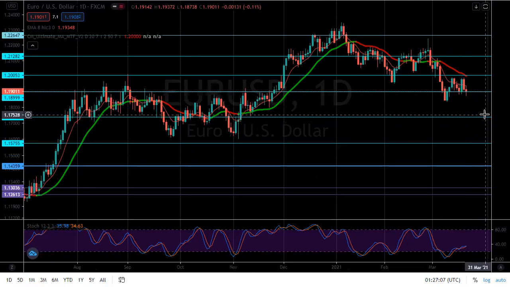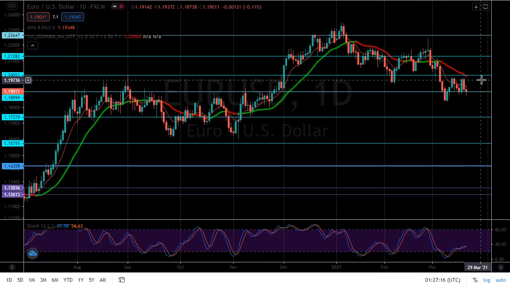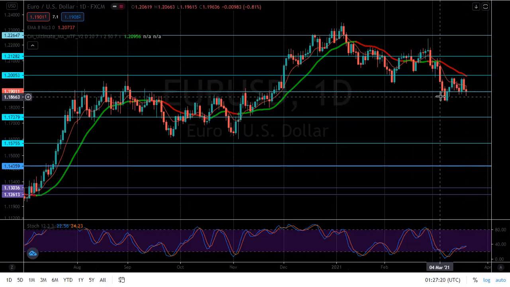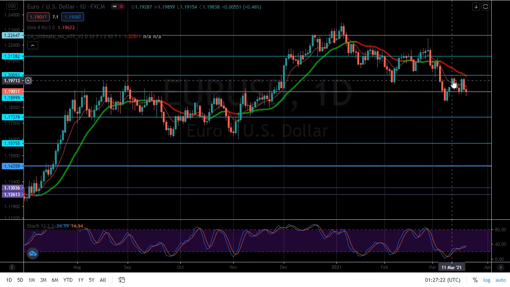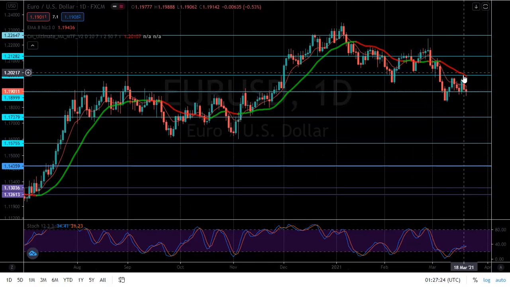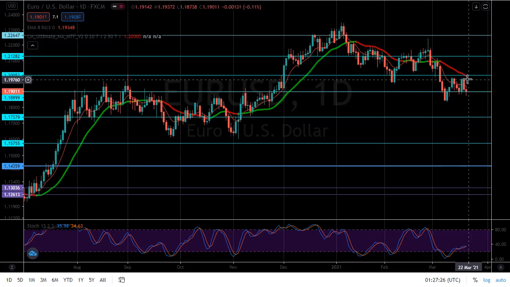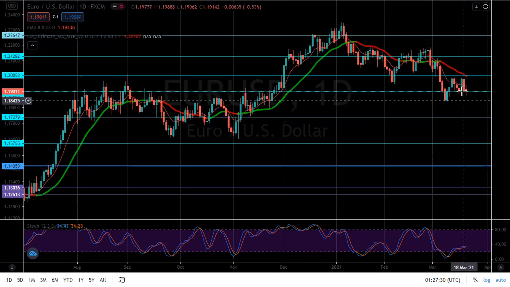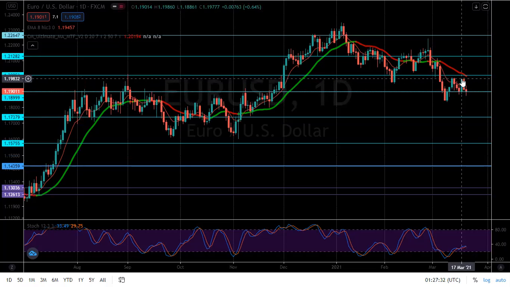On the daily, we could see price go back to retest these highs first of all, because we had this move to the downside. We've had price try to retest, although somewhat a double top pattern around this close to the 1.20 area.